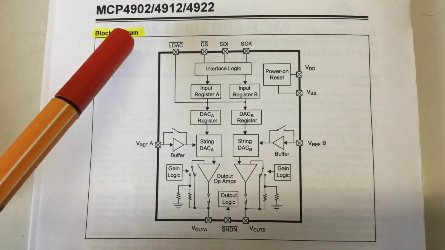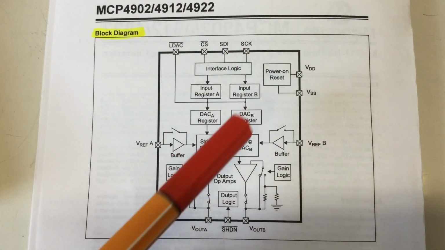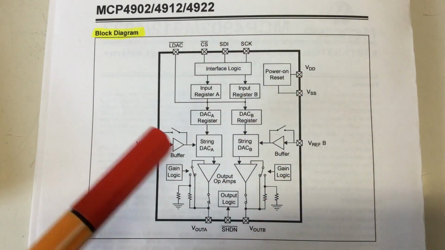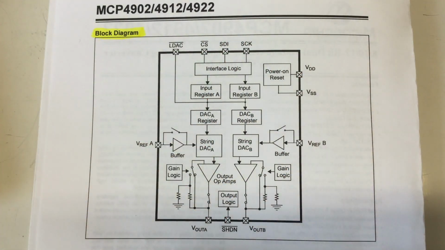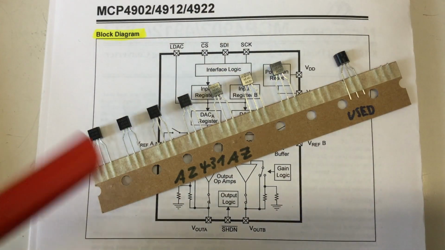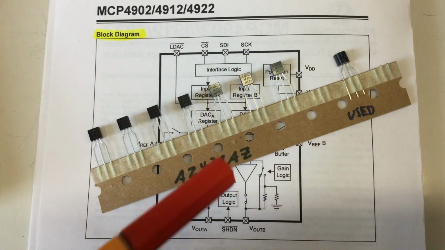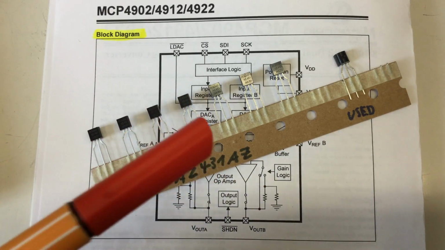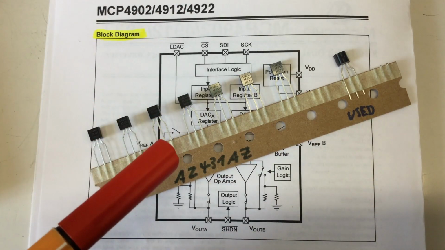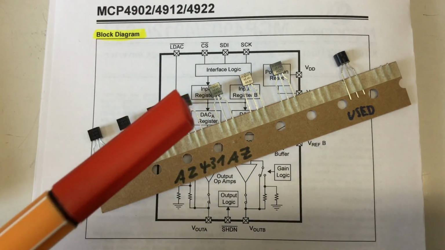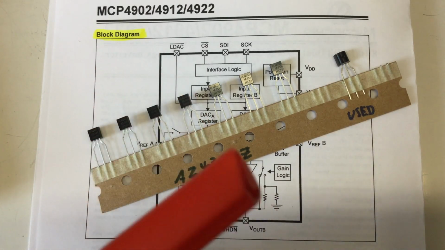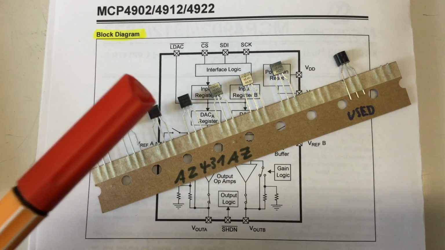So these MCP49 variants allow you to buy a relatively cheap DAC and then add a voltage reference, I have here these AZ431As, which are 0.4%, to your circuit to achieve the precision you need. At your expense, of course.